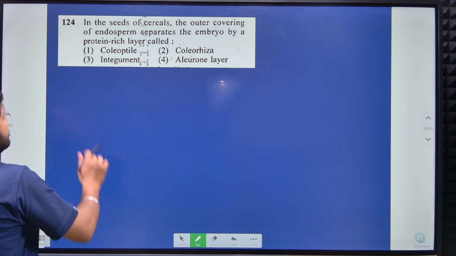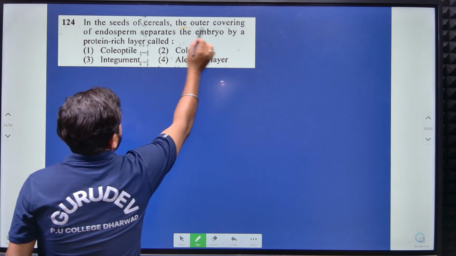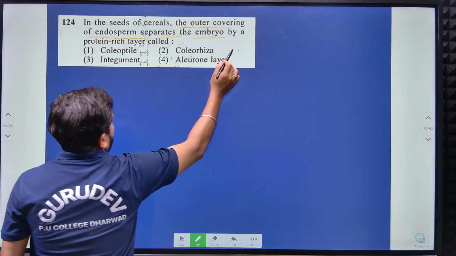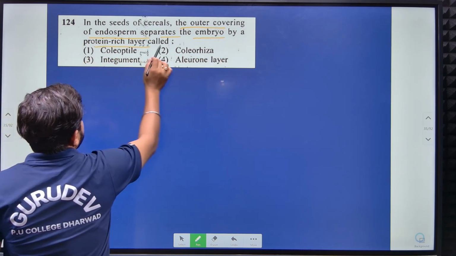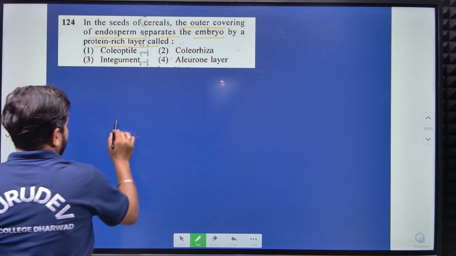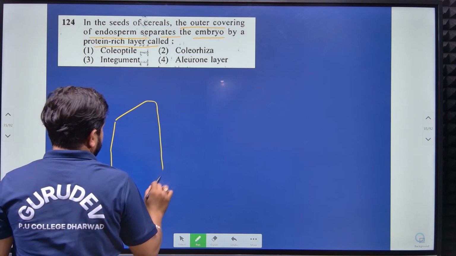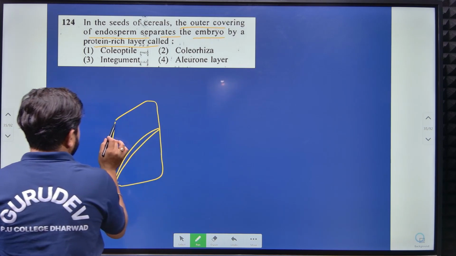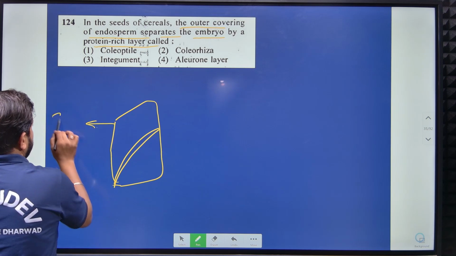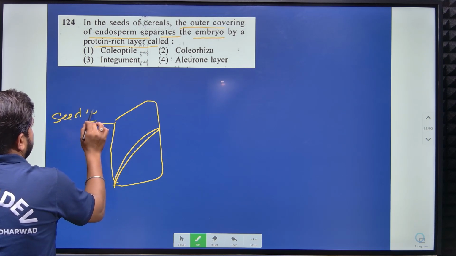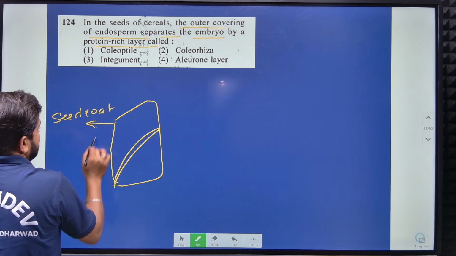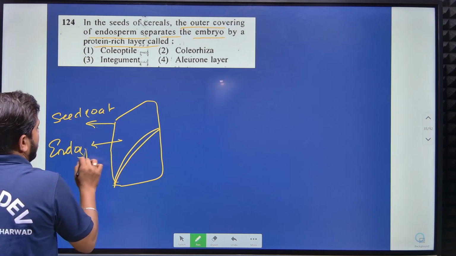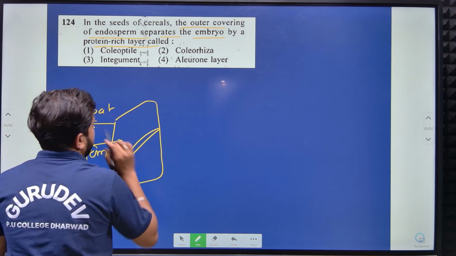In the seed of cereals, the outer covering of endosperm separates the embryo by a protein rich layer called as what? If I consider the monocot seed especially, the outermost we call the seed coat, right? Now inside this I am going to find the endosperm, and the embryo is going to be separated.